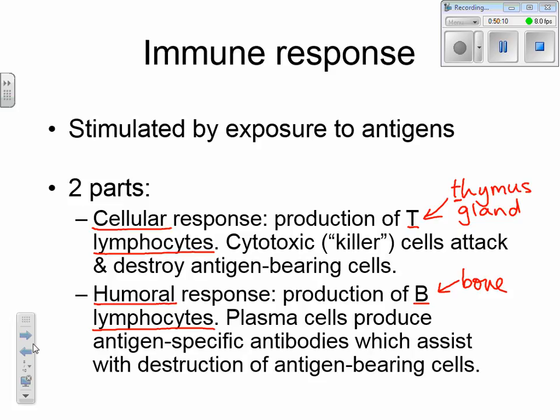So the antibodies, we know now, help to destroy antigen-bearing cells. Not necessarily actually destroying them, because the antigen is only a protein after all, and there's not really a mechanism for a protein to destroy something, but they do clump cells together, or they can actually damage membranes and that sort of thing to help with the process.